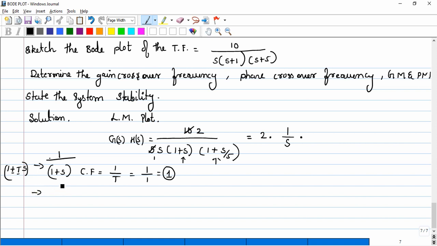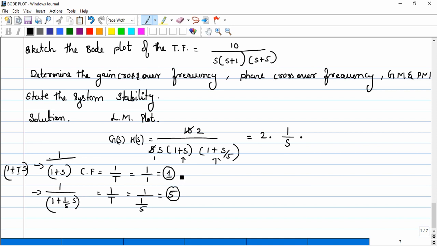Followed by we have the second term, that is 1 by 1 plus 1 by 5 into s. For understanding I will write in this form. Now for this the corner frequency formula is 1 by t, and here t value is 1 by 5. So let me substitute 1 by 1 by 5: 5 will be the corner frequency. Now we need to represent in ascending order.